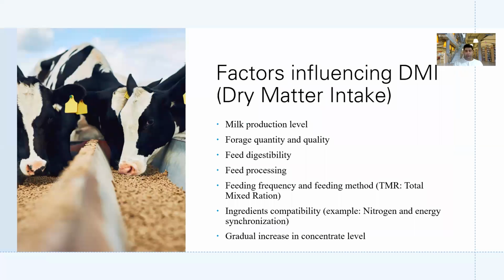Okay, so we talked about reduction in feed intake during the early lactation, after parturition. But if we want to increase the dry matter intake, we need to understand the factors that can affect dry matter intake in dairy cows. So the first factor is milk production level. As milk production level goes up, the dry matter intake will go up as well.